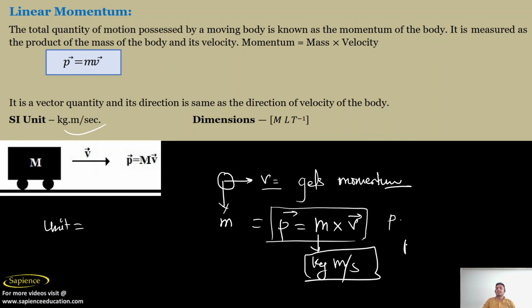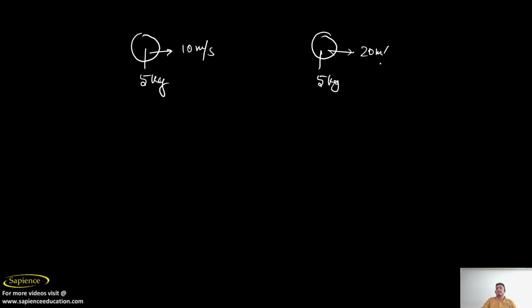And the dimension you can easily find: mass is M, velocity is LT to the minus 1, so this is your dimensional formula, okay. Now let us consider two bodies. See here, one body has mass 5 kg and velocity 10 meter per second, and another body has mass 5 kg but velocity 20 meter per second.